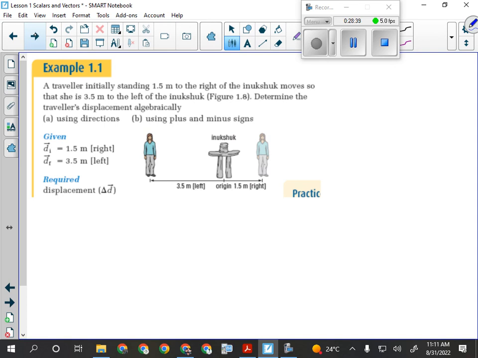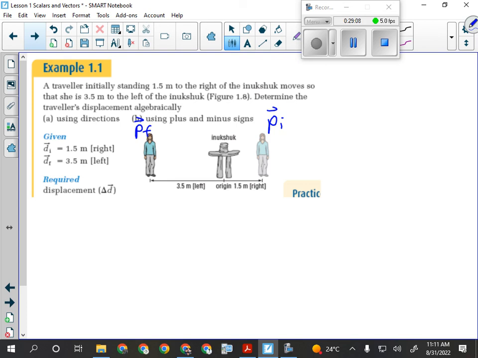So this person starts here, 1.5 meters to the right of this Inukshuk. This is their initial position. This is their final position. Their final position is 3.5 meters left of the Inukshuk.